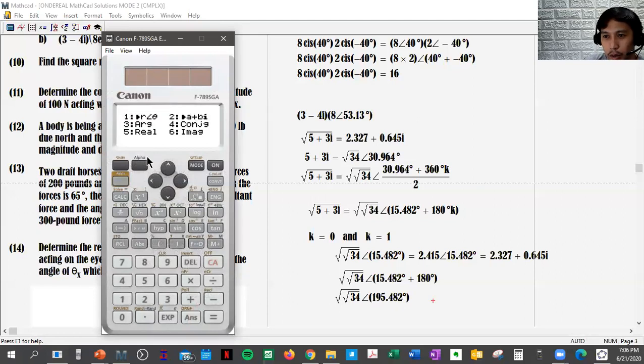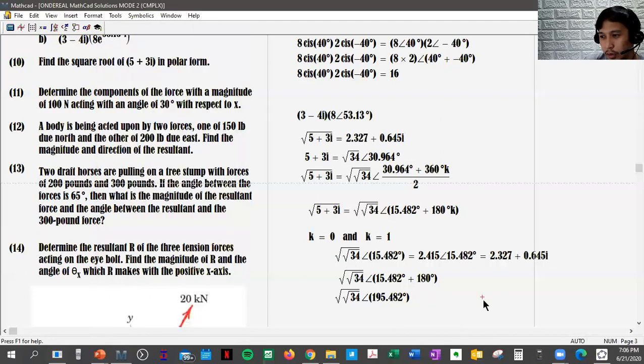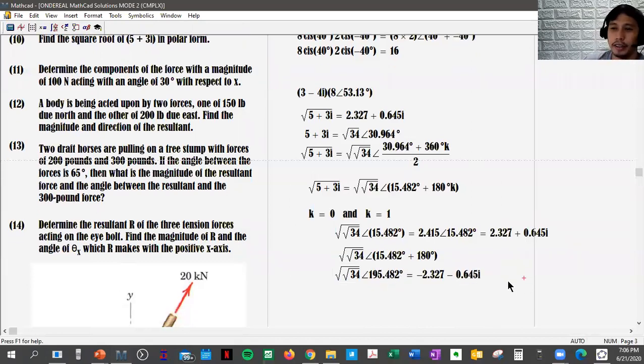In A plus Bi form, ito. So that's negative 2.327 minus 0.645i. That is the second root. Okay. So this is also equal to this, negative natin to. Negative and ito naman negative. Okay ba? So ganun yan.